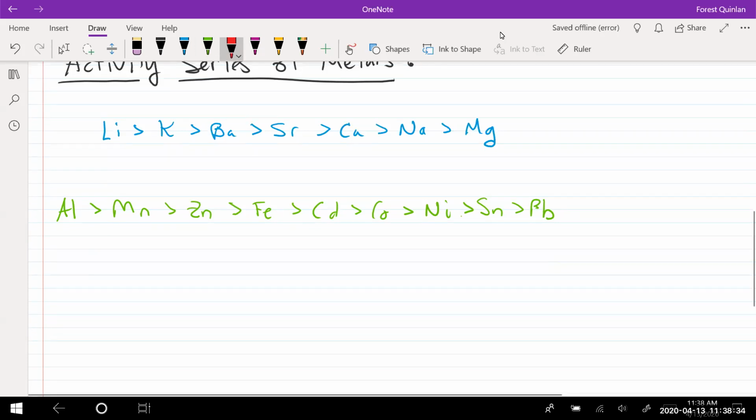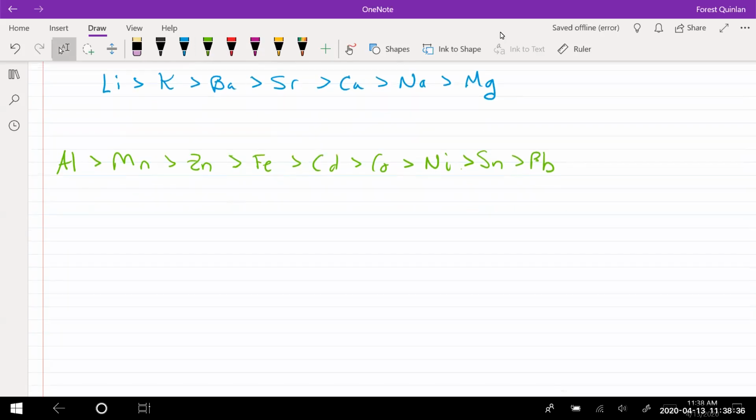This continues on just a little bit, and you'll see why I'm spacing this out here in just a second. That is more reactive than hydrogen, which I'm going to put in parentheses, and I'll tell you about that in a second, which is more than copper, which is more than silver, which is more than mercury, which is more than gold, or more reactive.